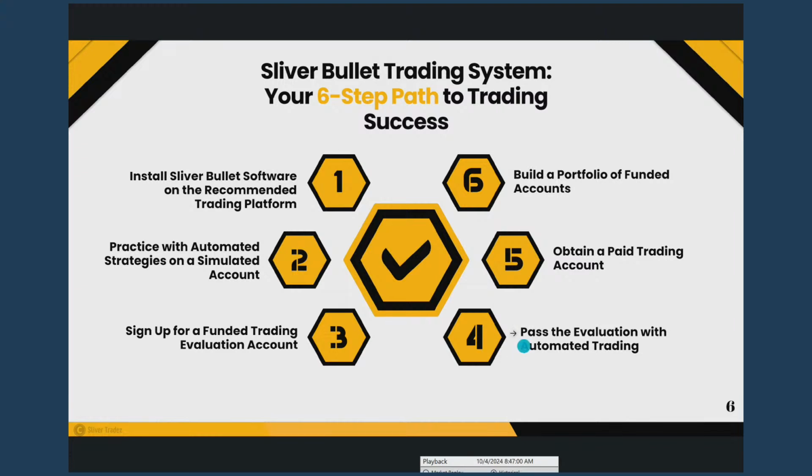The software assists in passing the account, and then after passing, you are eligible to convert your evaluation account to a paid trading account. And once you have done that, you repeat steps 3, 4, and 5, and build a portfolio of funded accounts. And that's when you are able to multiply your income.